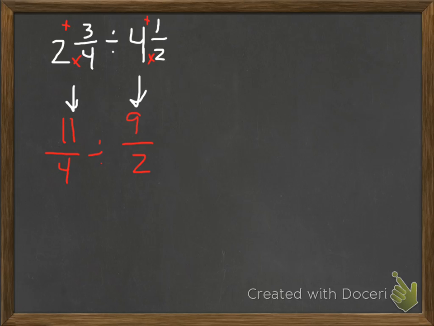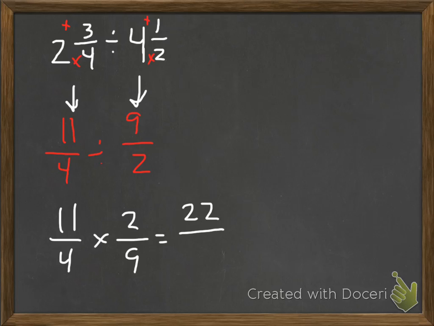Now we're going to do our keep, flip, change, multiply. 11 times 2 is 22. 4 times 9 is 36.